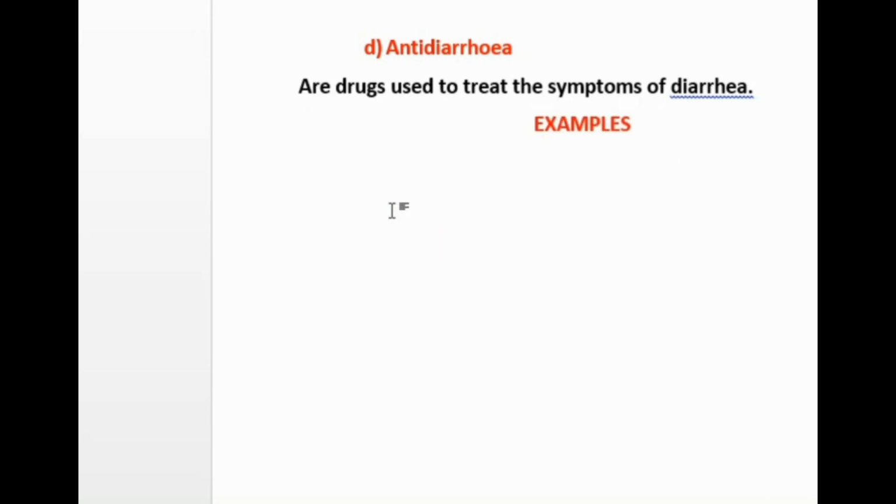The first one is loperamide. So the first medication that is used to treat diarrhea is loperamide. The second is ciprofloxacin.